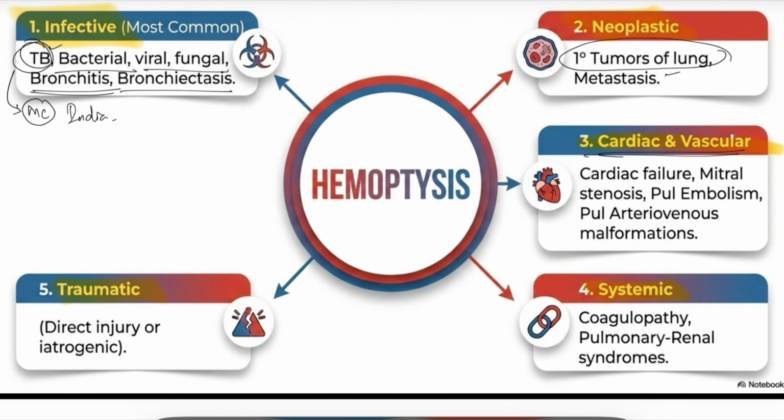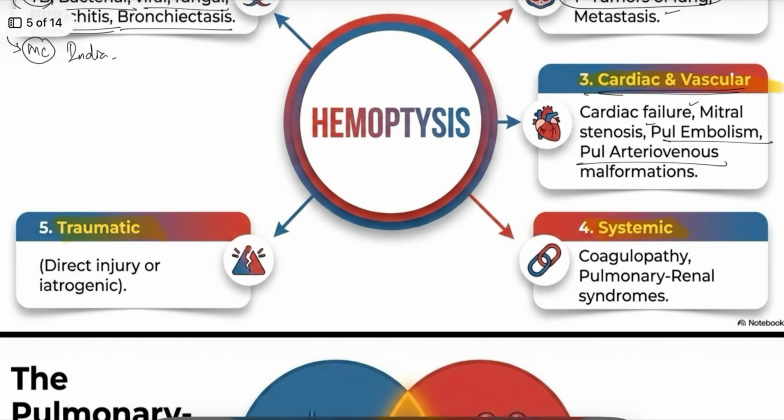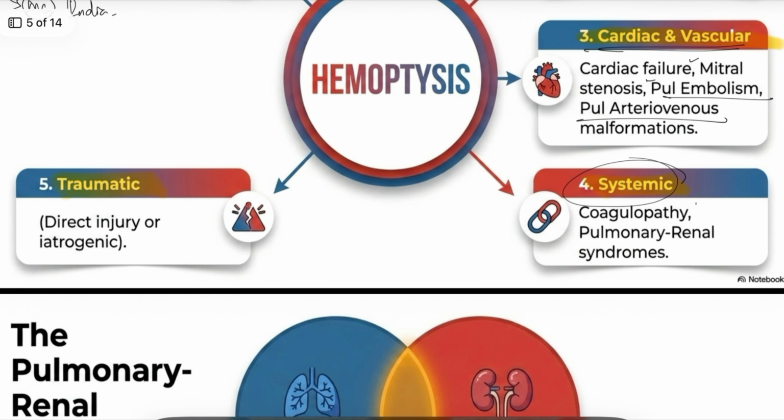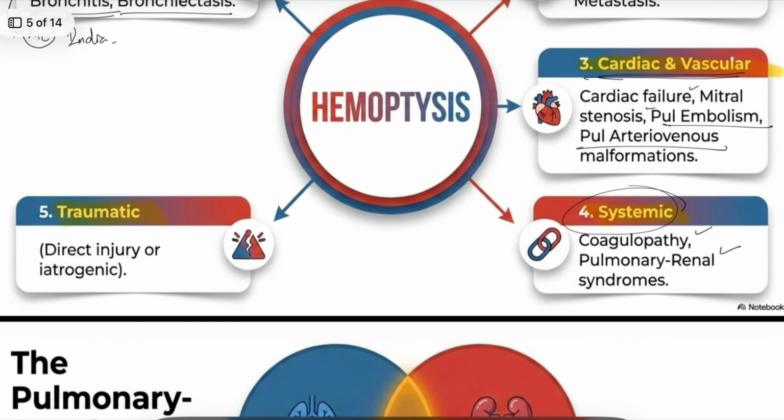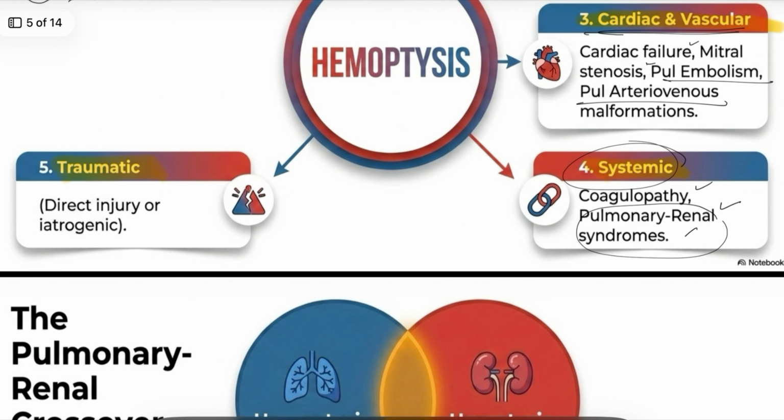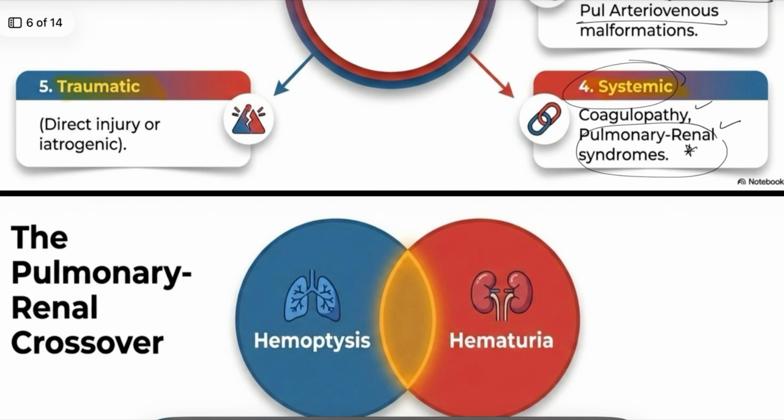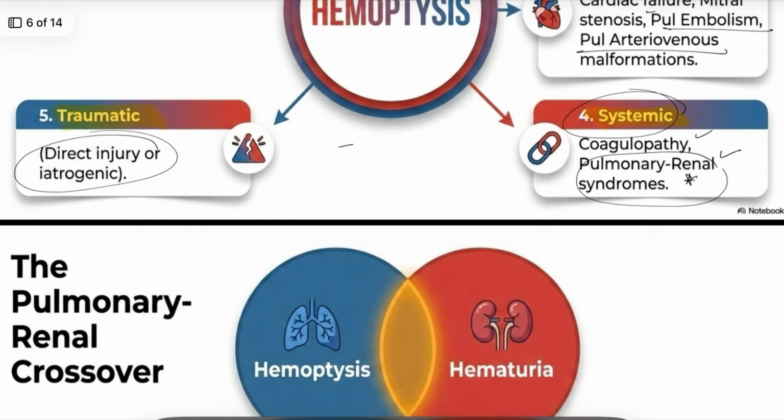Third, CVS: cardiac failure, mitral stenosis, pulmonary embolism, pulmonary arteriovenous malformations. Then systemic: coagulopathy, pulmonary renal syndromes. Pulmonary renal syndrome is an important topic, we'll be covering it soon, so don't forget to watch it. Then traumatic: direct injury or iatrogenic, which may lead to excessive bleeding from the lungs.